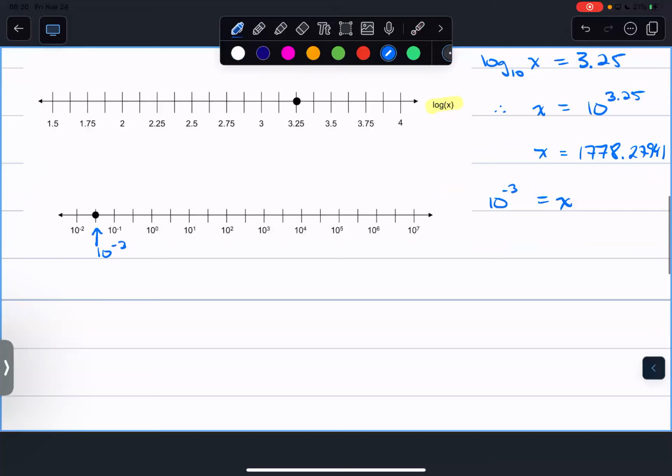So then the log of, we'll go nice and slow, 10 to the negative 3 is the log of x, which means if this is log base 10, which it is, then that's going to cancel with the base of 10.